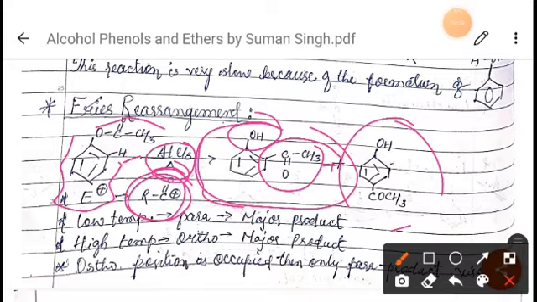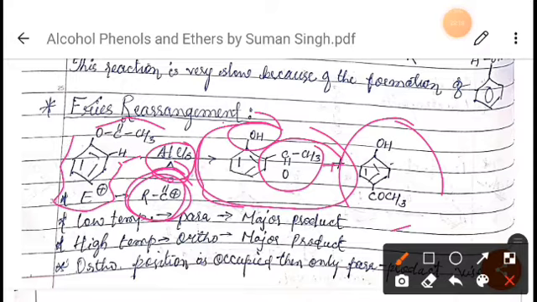Basically, when phenyl acetate is heated with anhydrous AlCl3, it undergoes a rearrangement in which the acyl group migrates from the phenolic oxygen to an ortho and a para position, forming ortho and para hydroxy ketones. This reaction is called the Fries rearrangement. I hope you have got some idea about it.